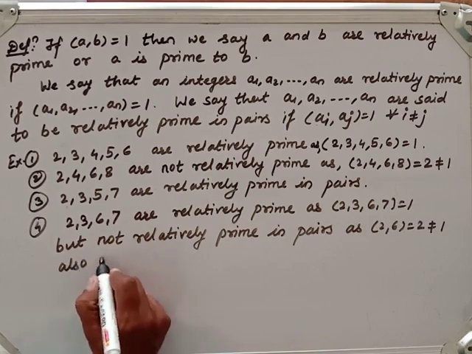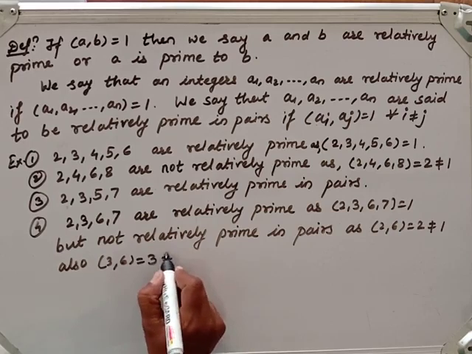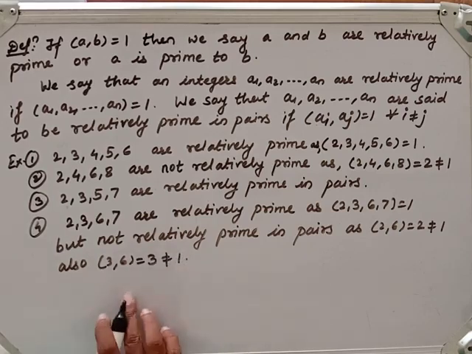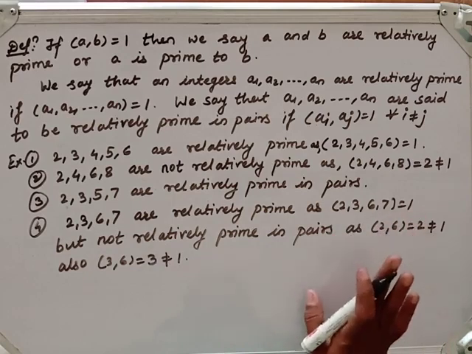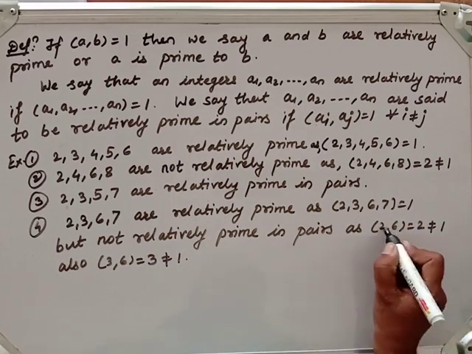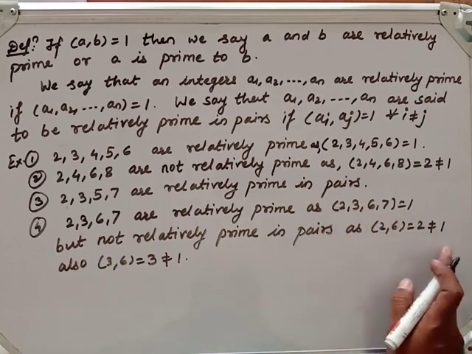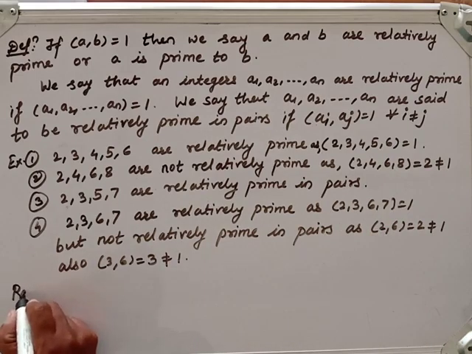Also the GCD of 3 and 6 is 3, which is not equal to 1. So if every pair gives GCD 1, then we say these are relatively prime in pairs. But here we got two pairs for which the GCDs are not 1, so they are not relatively prime in pairs. Now let us write one remark.